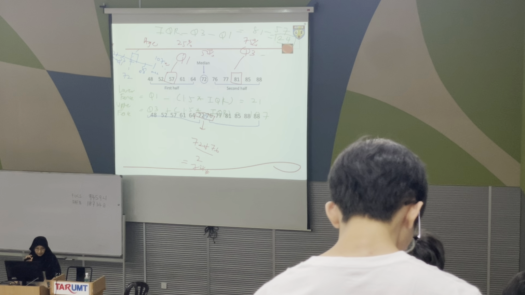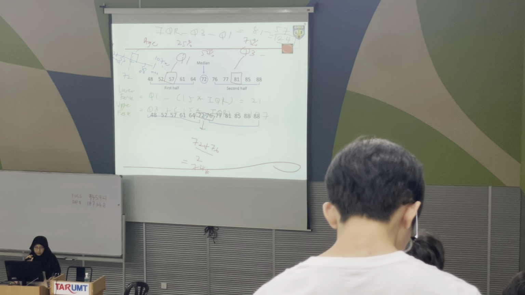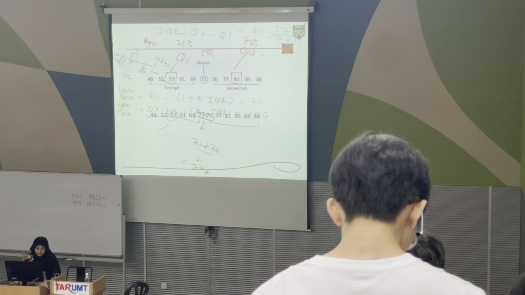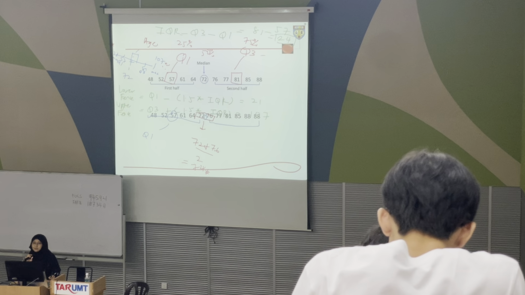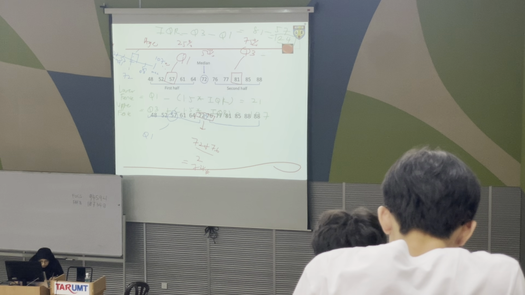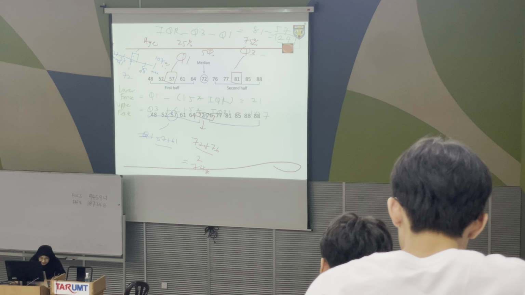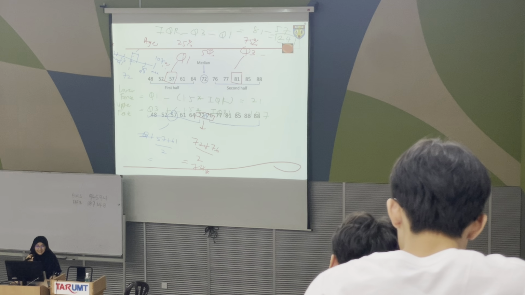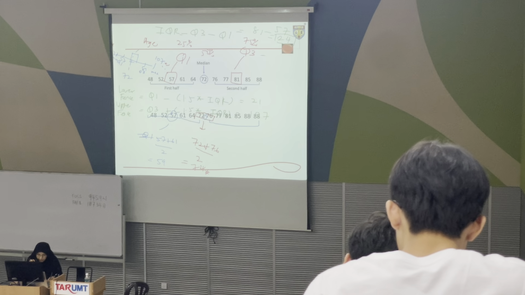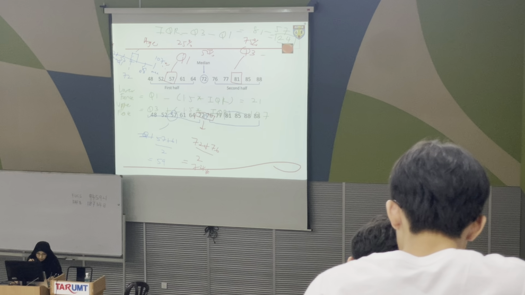So for the first half, from 48 to 72, Q1 is 57 plus 61 divided by 2, which is 59. And for Q3, 81 plus 85 divided by 2, 83.